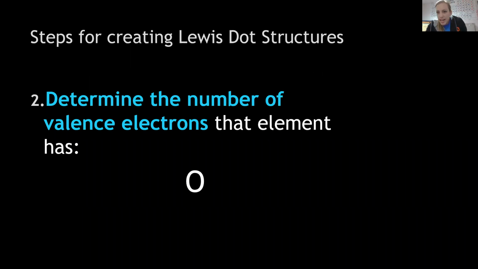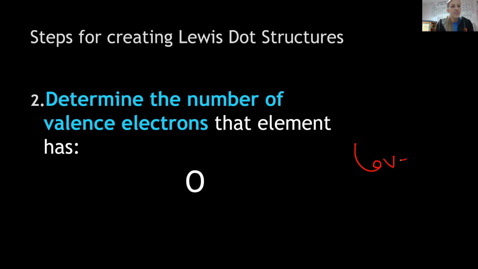So oxygen has how many valence electrons, Audrey? I think you're muted. I see your mouth moving. Oh, you're good. Hang on, the numbers are really small. 6.